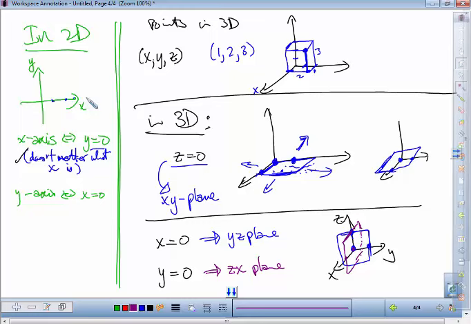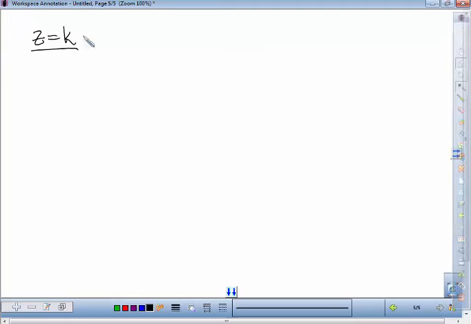So now let's get away from 0 and throw some constants and see what happens. What if I had like z is equal to 1 or 2 or 3? What do you think this is going to be?